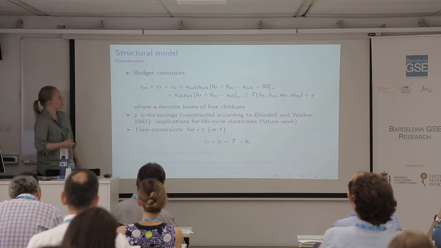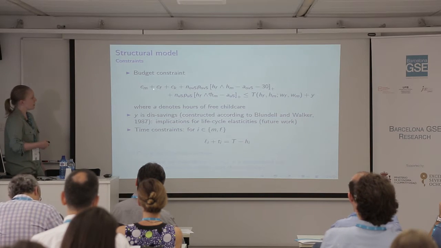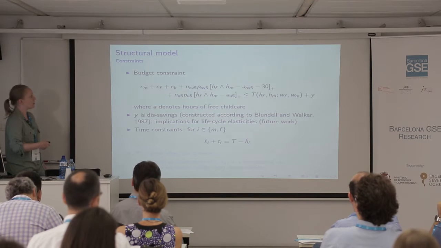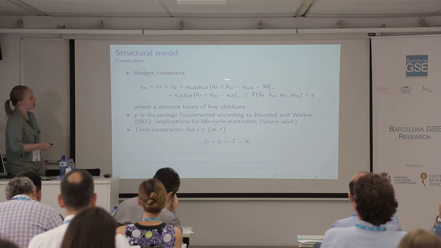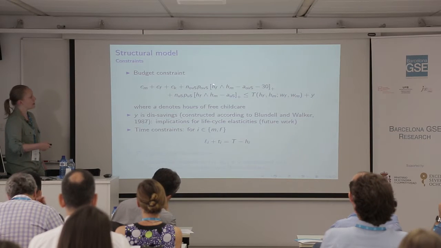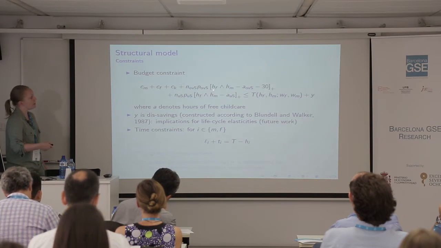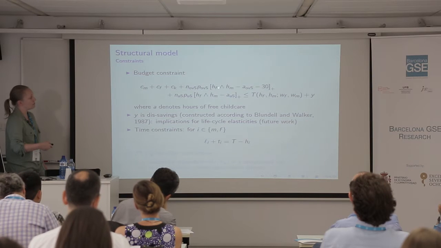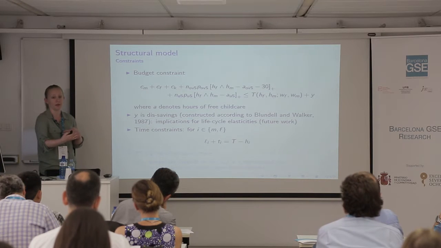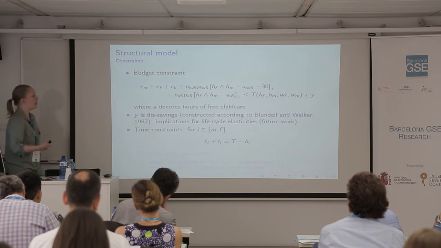So the budget constraint is as follows. We've basically got the private consumption of each household member. This here is the amount that the household has to spend on childcare, where this is the minimum of the hours of work of the mother and father, which is like the time deficit for which there's no parent around to supervise the child.